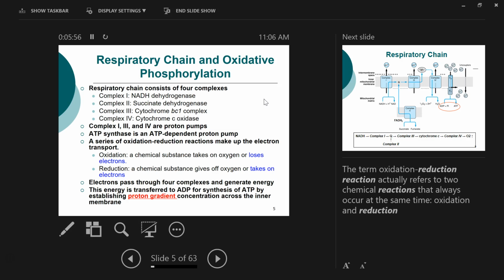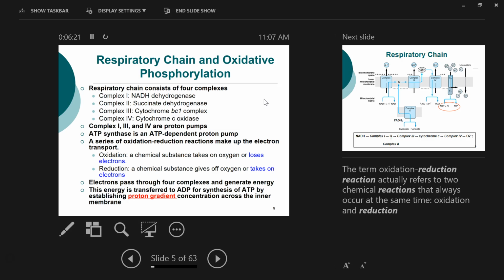And you probably know about oxidation-reduction reactions. Sometimes oxidation reactions are not just reactions that involve oxygen; sometimes electron transport or proton transport reactions are also called oxidation and reduction.